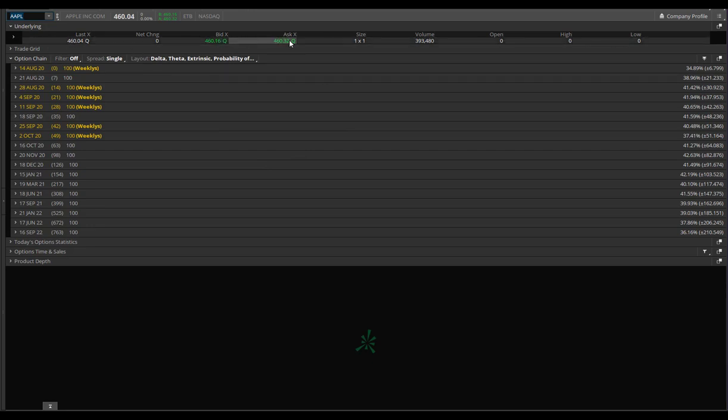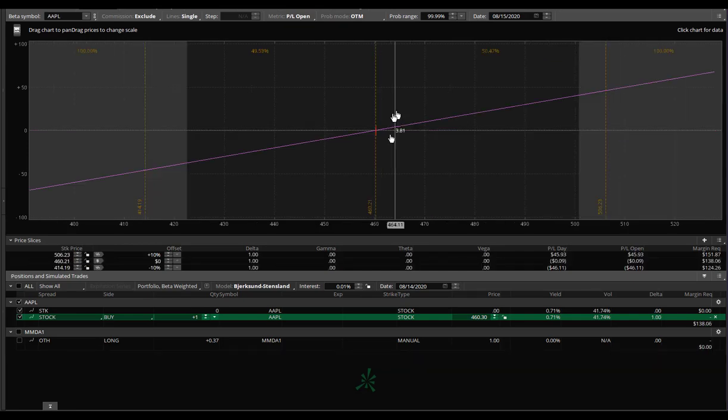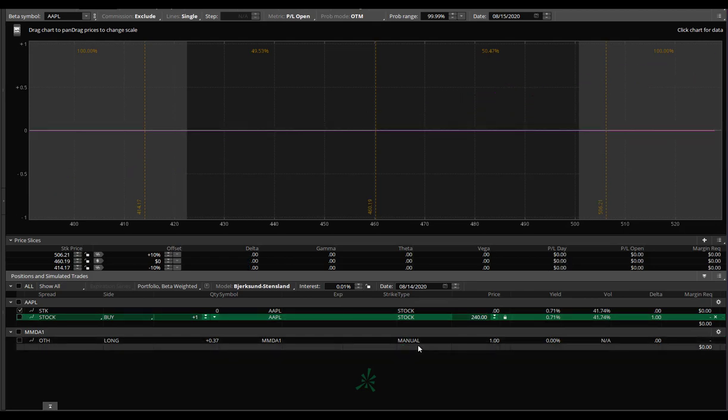Here's the price right now, it's 460. I'm going to right click on it and just say analyze, because you're buying it. Okay, so we're going to say that I got it at 240.